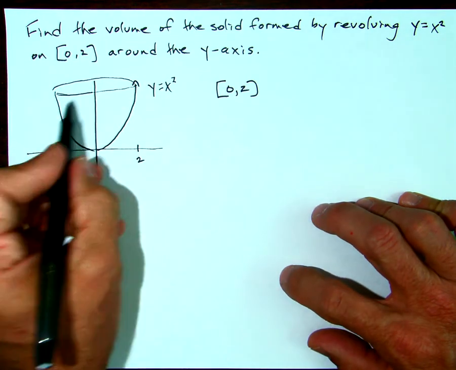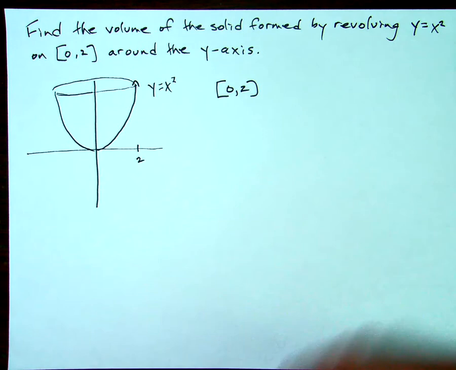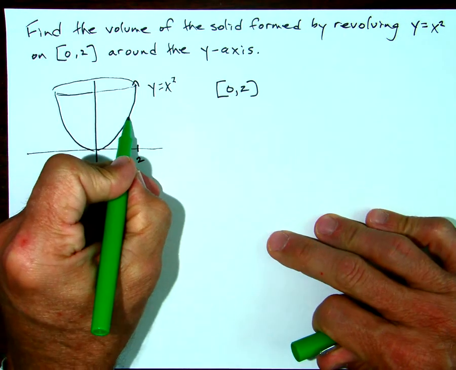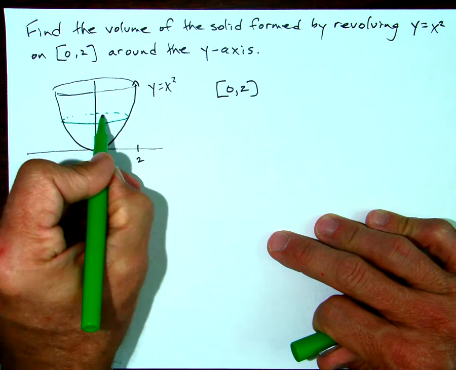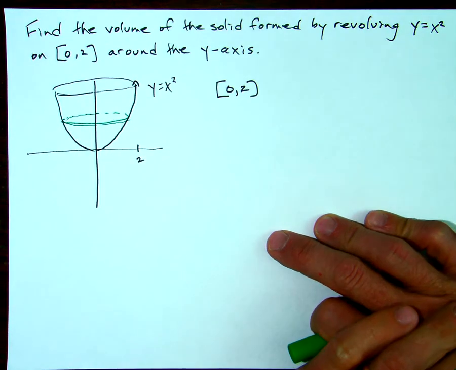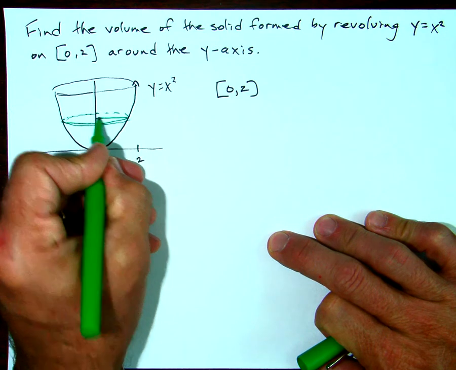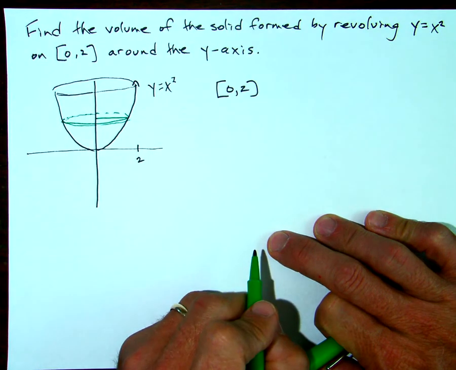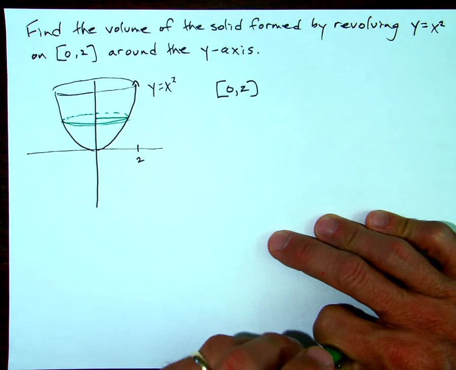Well, in this case, what's different is, maybe just use a different color, if we take out a disk here, now our disks are horizontal instead of vertical. And so what we want to think about is now our radius is going to be in terms of y instead of in terms of x.